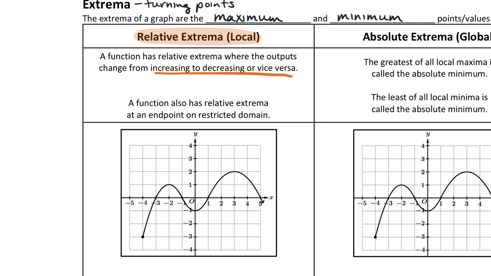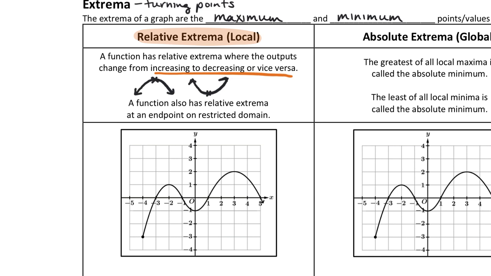So for example, if your slope is increasing and then we start decreasing, oh look, that's a maximum. You would talk about this point up here being the maximum point, the maximum value. If we're decreasing and then all of a sudden we start increasing, we had to turn around. That's a valley. That's a minimum. So we have maximums and minimums. Those are our relative extrema. Okay.